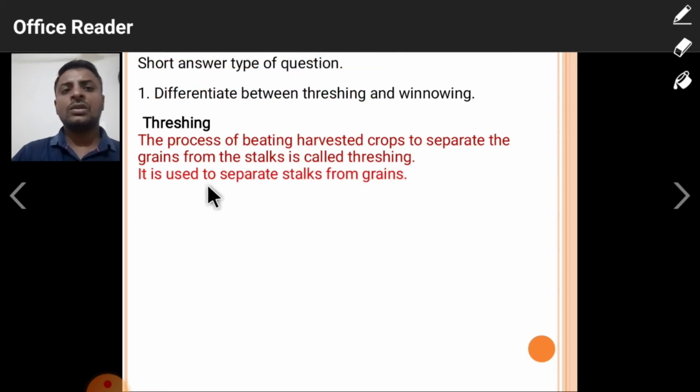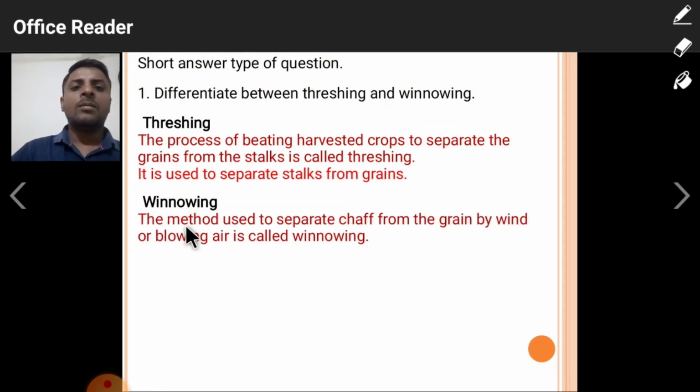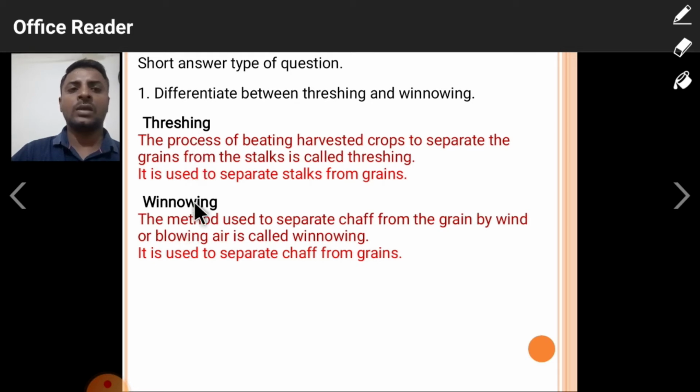It is used to separate stalks from grains. Here the two different points are there. Now winnowing. The method used to separate chaff from the grains by wind or blowing air is called winnowing. It is used to separate chaff from grains. So here the two processes are there, threshing and winnowing.